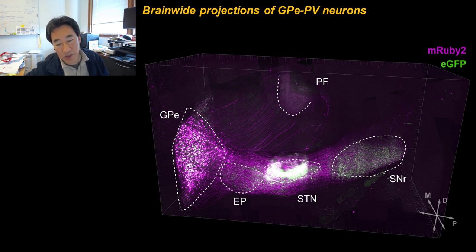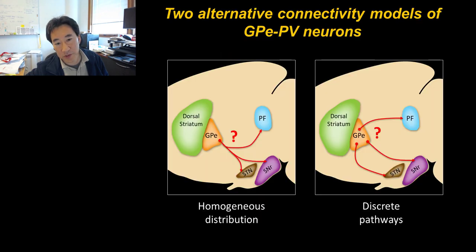So we know that this neuron, genetically defined the same population in globus pallidus, projects to many different targets, but we have a very specific question. It's possible the same neuron projects to many different targets, or different population neurons project to the different targets.